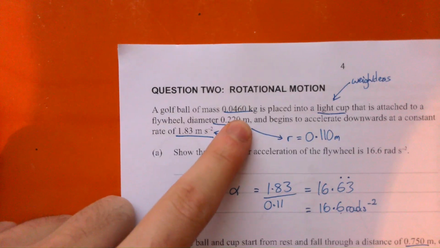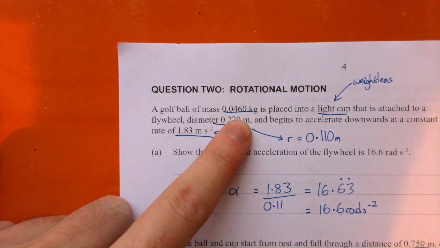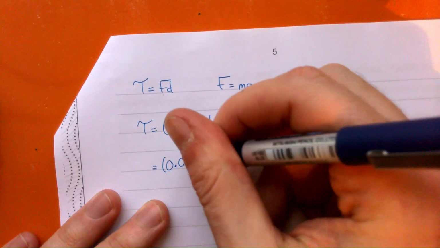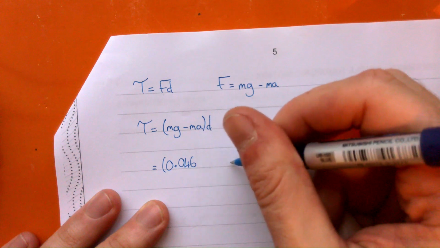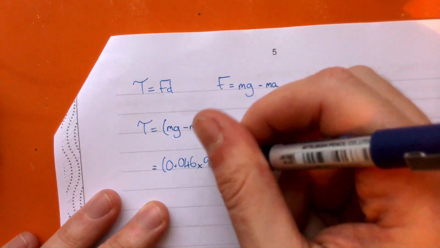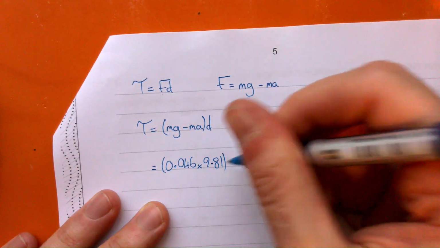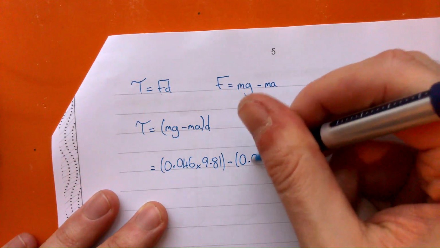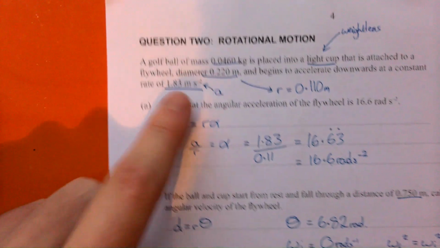The mass of the ball, I have no idea what that was, 0.046 for our golf ball. So 0.046 times g, which is 9.81, minus our mass again, 0.046, times our acceleration, which was 1.83.